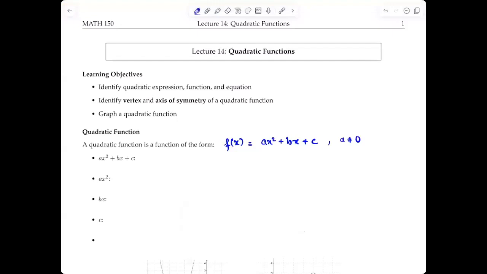Now, when a is equal to 0, what type of function do we have? Linear functions, right? So therefore, you have to impose the condition that a is different from 0. Otherwise, we have a linear function, and then there's nothing for us to do. If you just take the part ax squared plus bx plus c, we call that the quadratic expression.